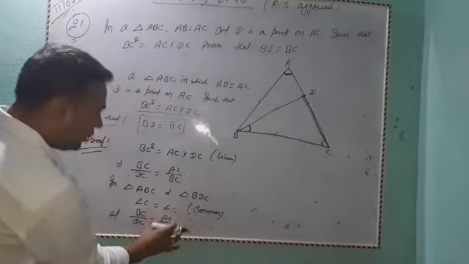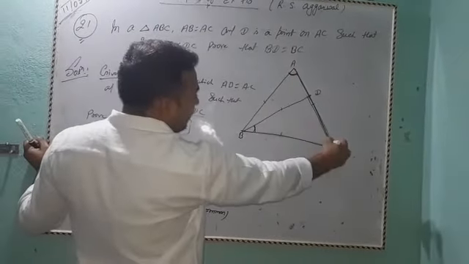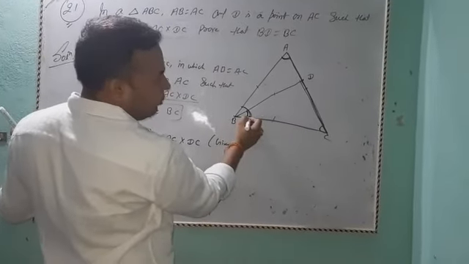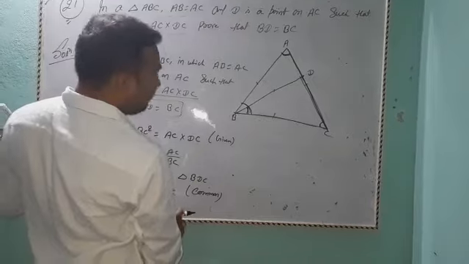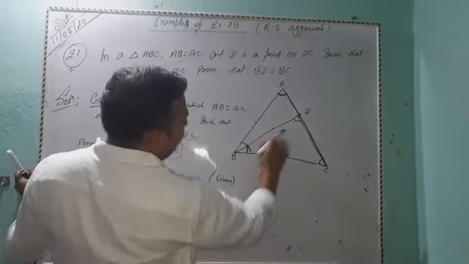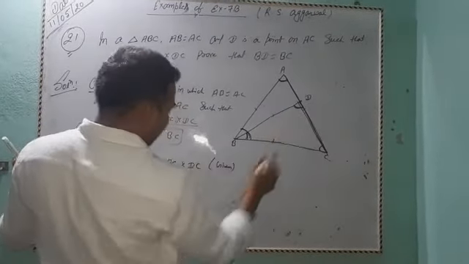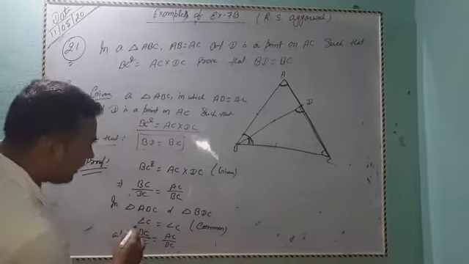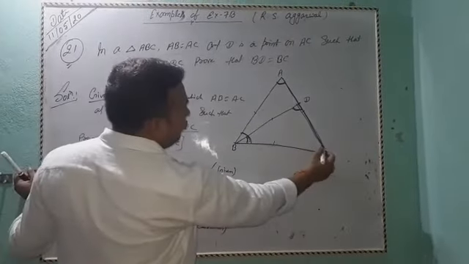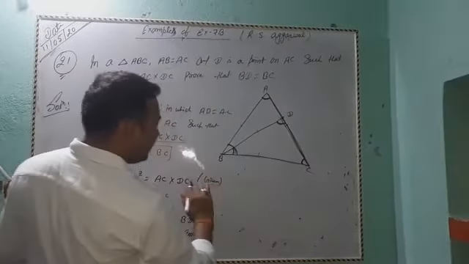AC in triangle ABC is the opposite side of angle B, and BC is the opposite side of angle BDC, so angle B equals angle BDC. Now angle C with sides BC and DC including angle C, so by side angle side the triangles are similar.